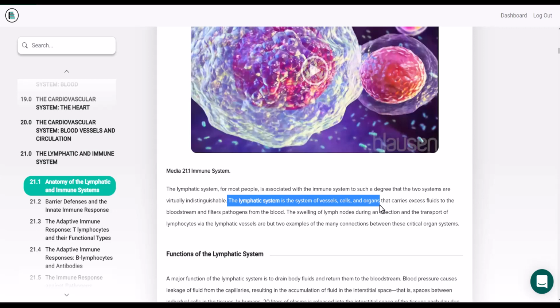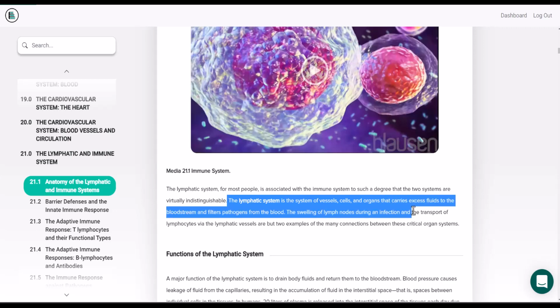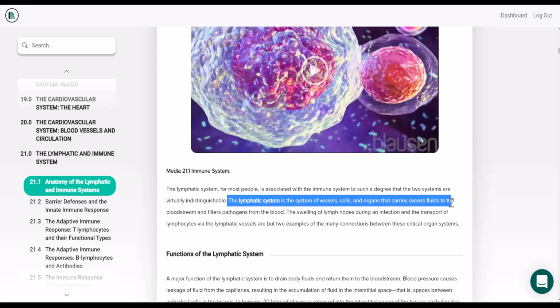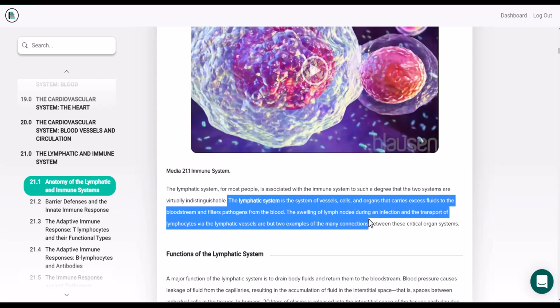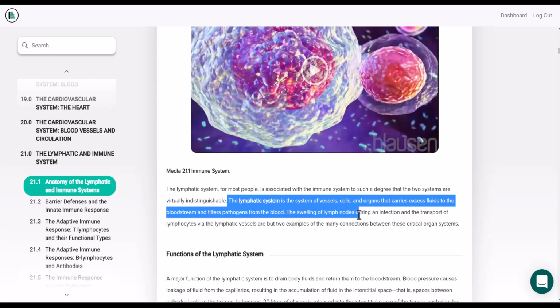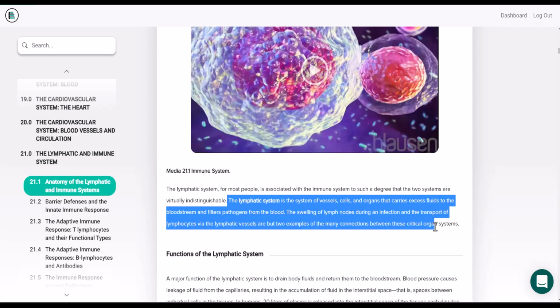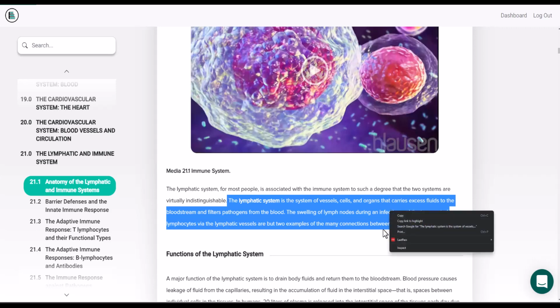And all of these organs are carrying essentially excess fluid and are also screening that fluid for potential infection. Lymph nodes are filtering your lymph, and during an infection that lymph node may become swollen, indicating that that lymph node is fighting off an active infection.